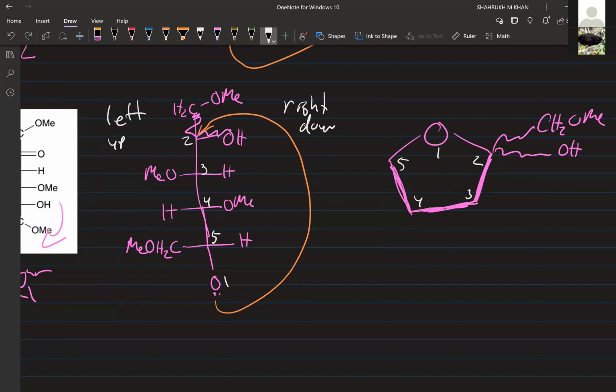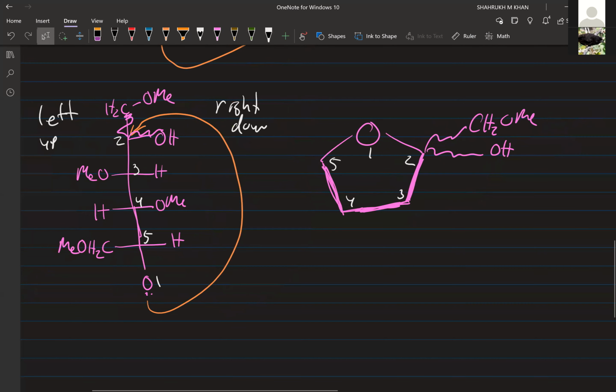So up, generally, what do we use for that? Wedges or dashes? Wedges. So if it's on the left side, it's going to be up on a wedge. So on carbon 3, we have a wedged out OMe group. On carbon 4, is the OMe going to be on a dash or a wedge?